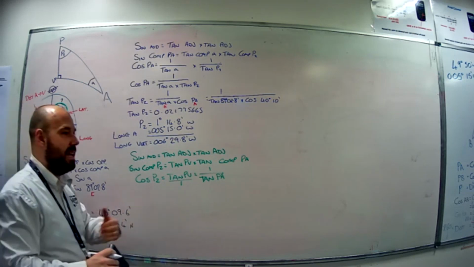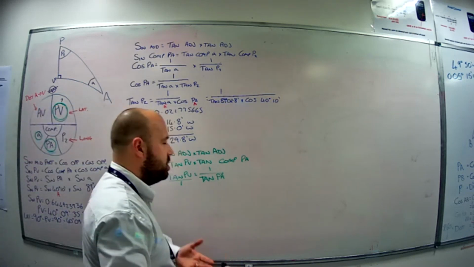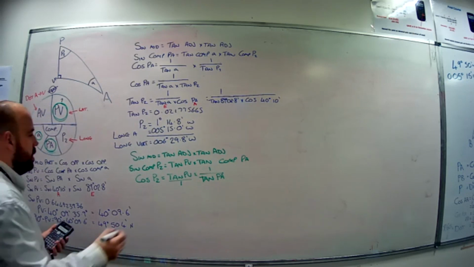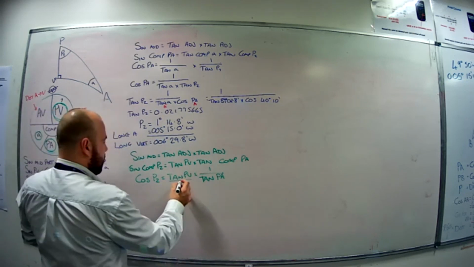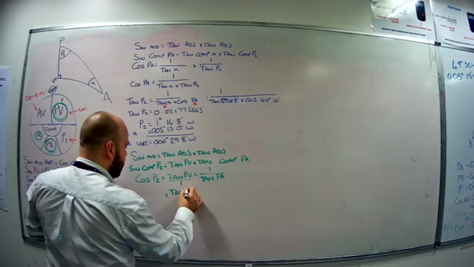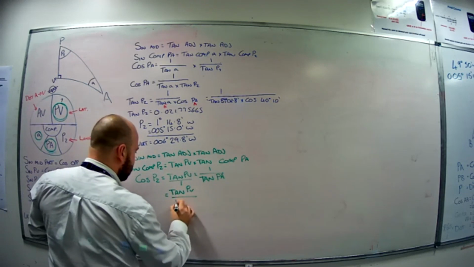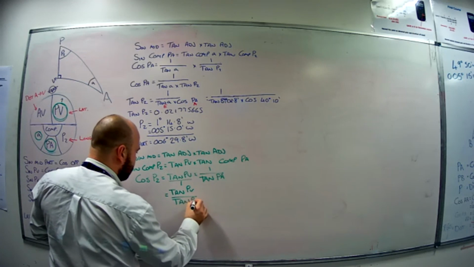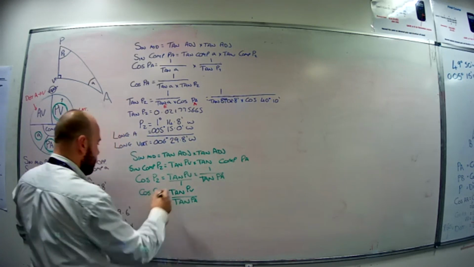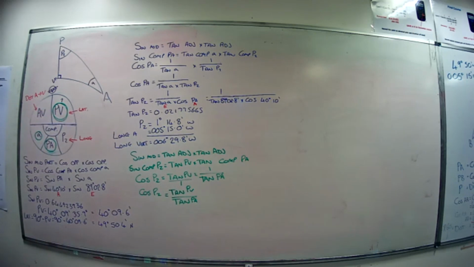The number 2 is actually 2 divided by 1. We just never write the divided by 1 because that would be a bit stupid. Okay? So, to multiply it, it would literally become tan PV divided by tan PA. So cos P2 equals tan PV divided by tan PA.